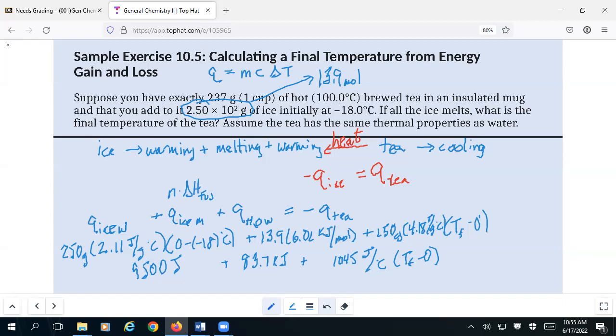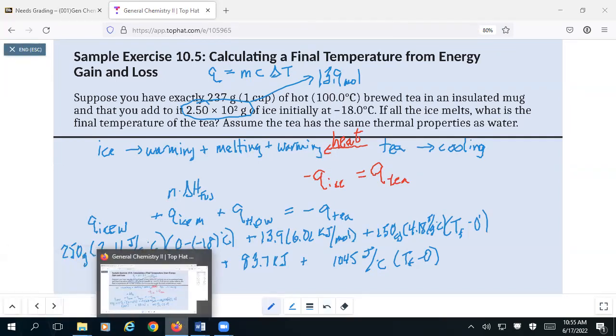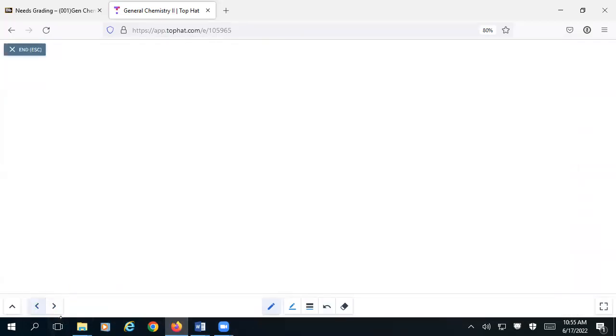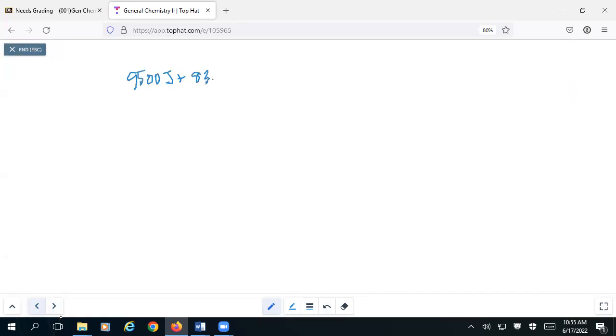So if we move all of this to a whiteboard here, we've got 9,500 joules plus 83.7 kilojoules plus 1,045 joules per Celsius times the final temperature minus 0.